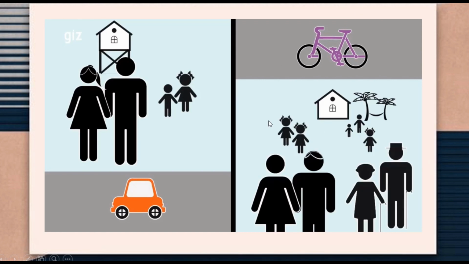Okay, so let's say na nagkaroon ulit ng pagbaha. Who do you think will evacuate first? Sino yung makakapag-evacuate agad? Sino yung makakaalis agad sa area nila kasi nga tabing dagat sila? Is it Tomas' family or Maria's family?